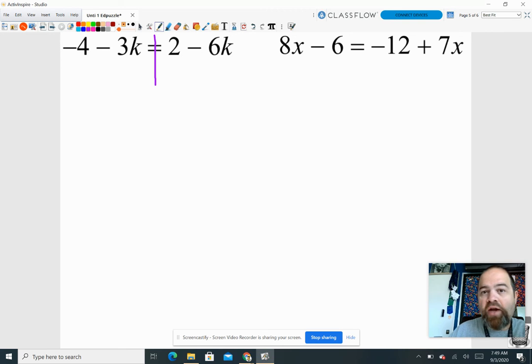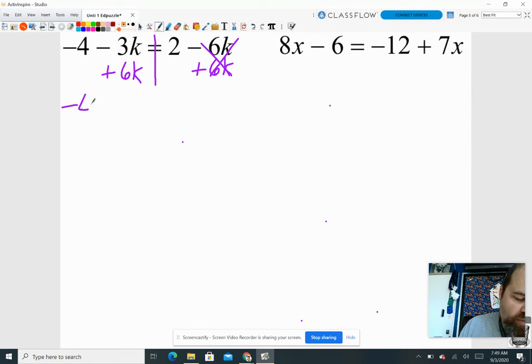Now it doesn't matter which way you go, if I were to move the negative 3k or to move the negative 6k, but in my experience, if you move the smaller of the two, in this case, -6 is smaller than -3, if that's the one I focus on canceling out, when I add it to both sides, I'll wind up with a positive number instead of a negative number. It'll work either way, but I feel that it's easier to move the smaller one so you get a positive.